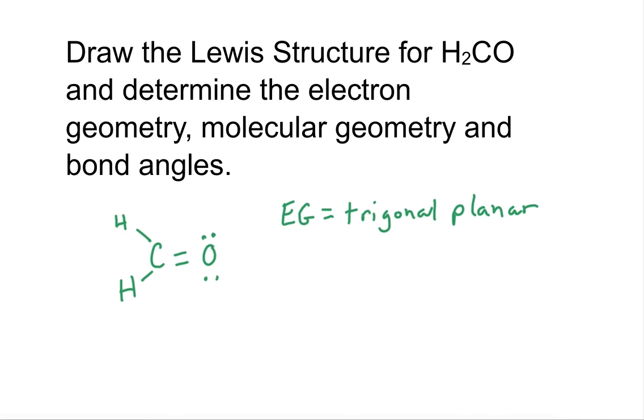The molecular geometry, again, now there are no lone pair electrons to consider here, so the molecular geometry is going to be trigonal planar as well. And the bond angles would be 120 degrees, because that's as far as these electrons could repel each other.